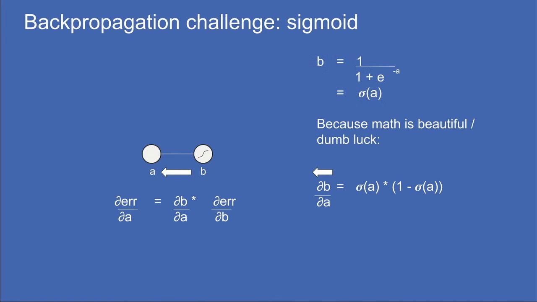It's just the value of the function times 1 minus the value of the function, which is one of the reasons that sigmoids perhaps are so popular in deep neural networks. So this step is also straightforward to calculate.